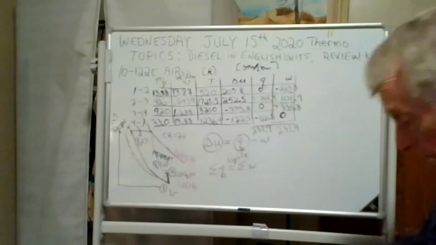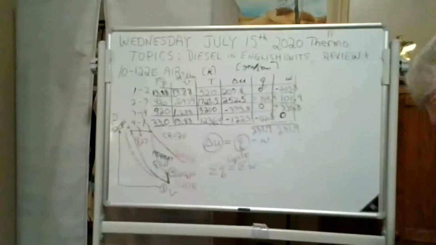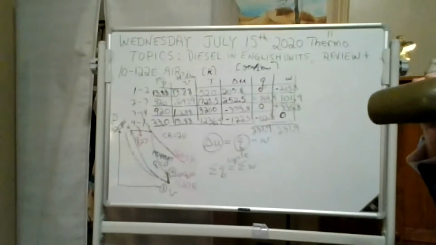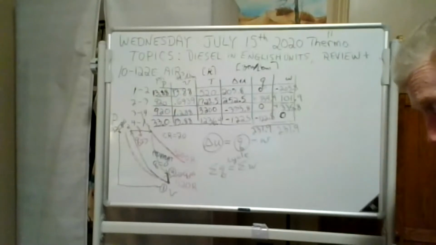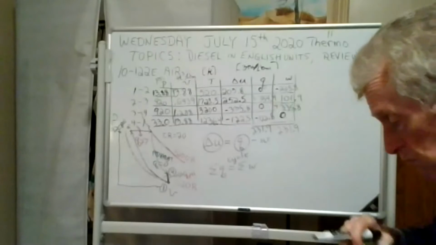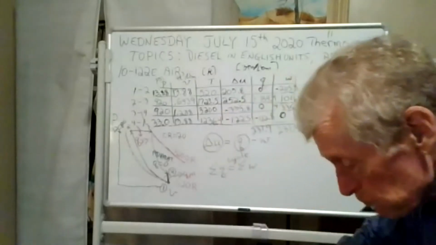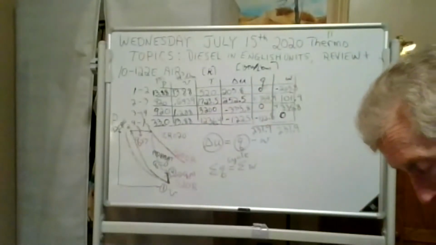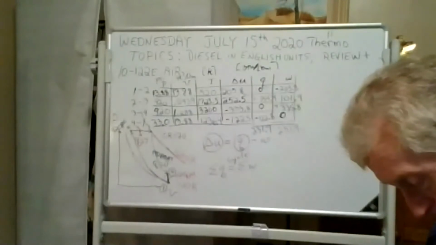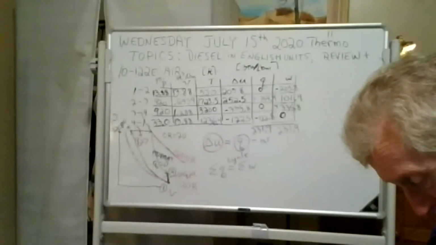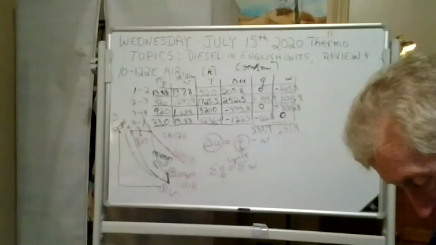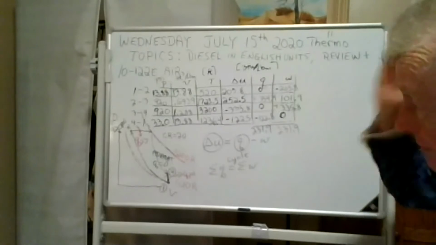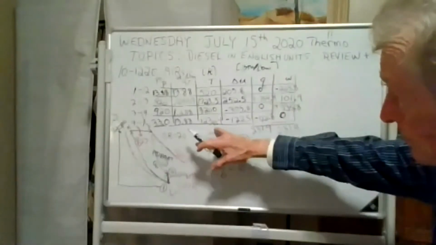We have filled in our table. Now let's answer whatever else they wanted. Says here, find the cutoff ratio, expansion ratio, exhaust temperature. Well, the exhaust temperature, we got that. That's the 1236.4.